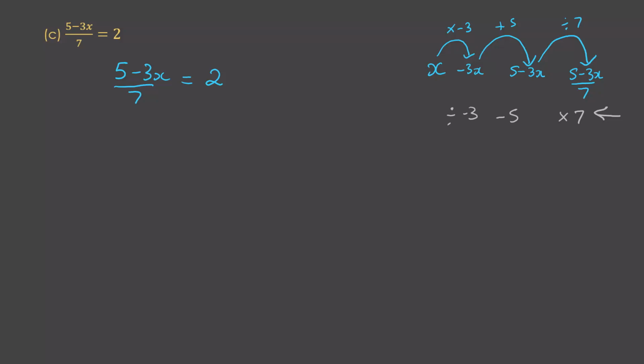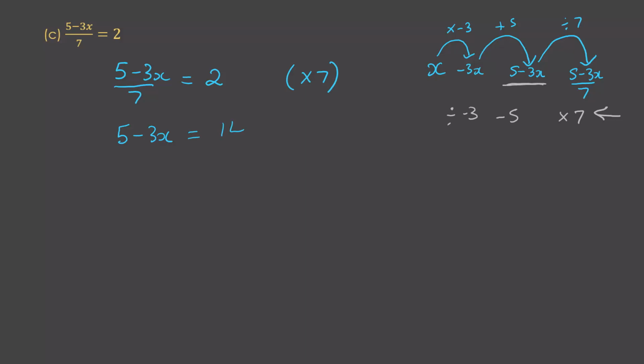Now, rather than writing in all the orange writing that I've been doing so far, what I would do is at the end here, indicate what I'm going to do to both sides. If I multiply the left by 7, I get 5 minus 3x. And if I'm using a flowchart to guide me, I can see that's what I'm going to get.